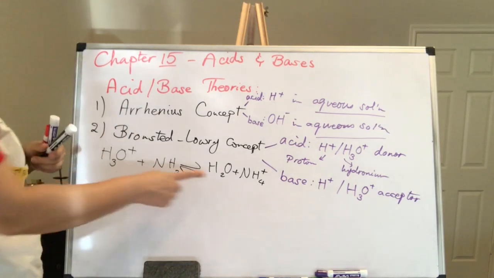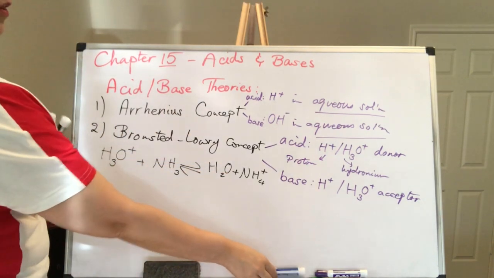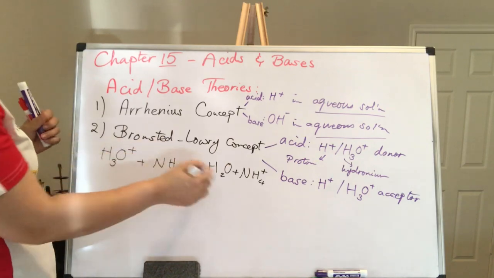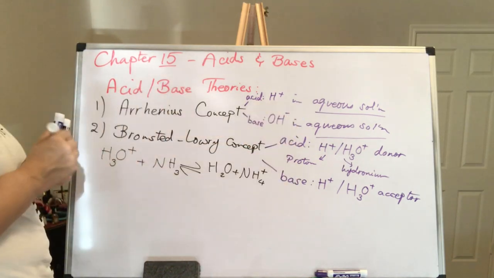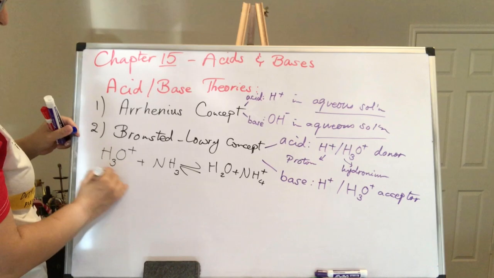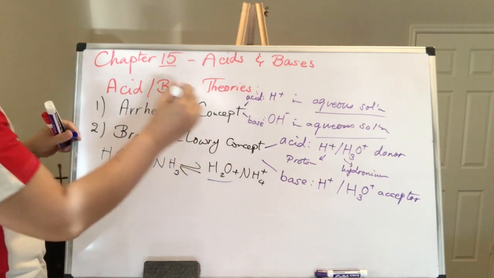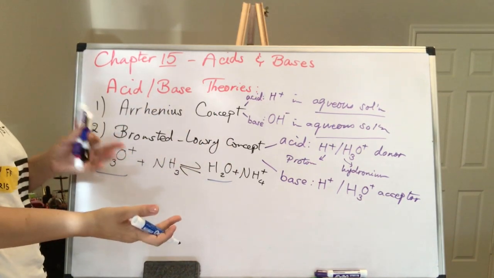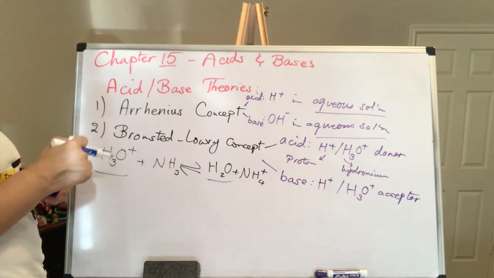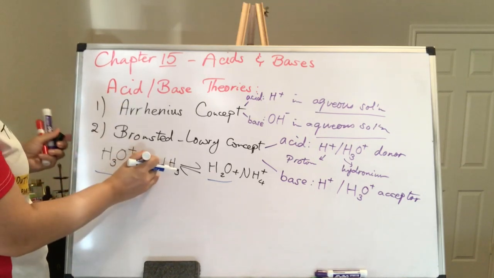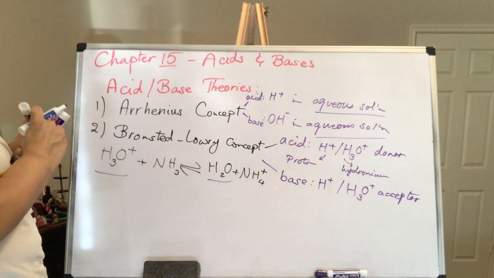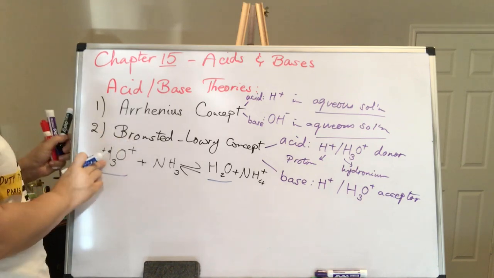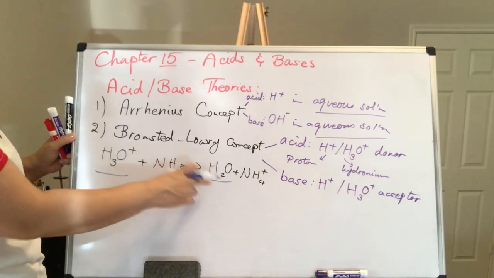So let's check the concept of acid and base based on what we just said. I want you to compare H3O and H2O. They're similar, right? What is their difference? Can you see the difference is H3O has one more proton, has more hydrogen than H2O.